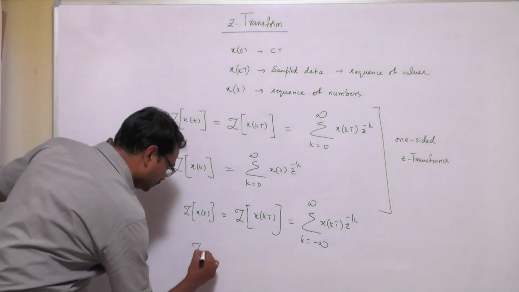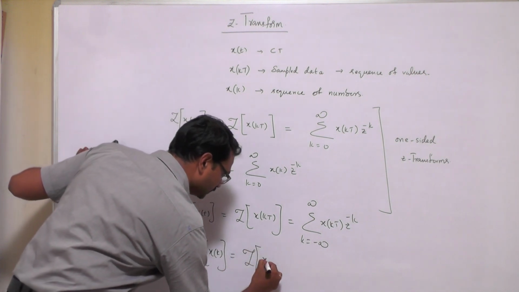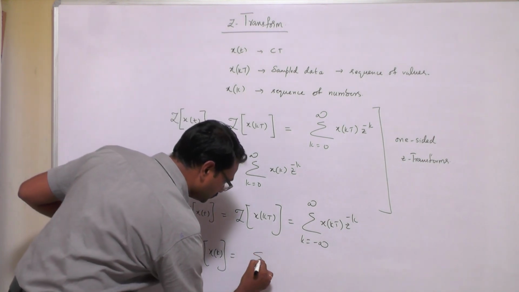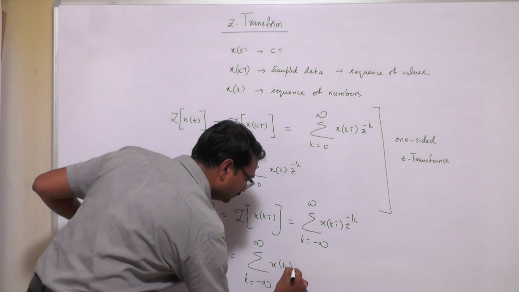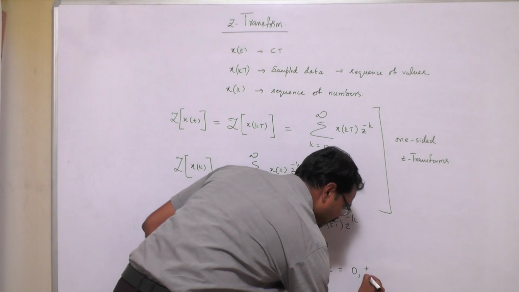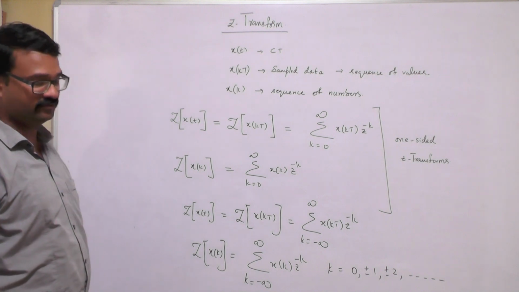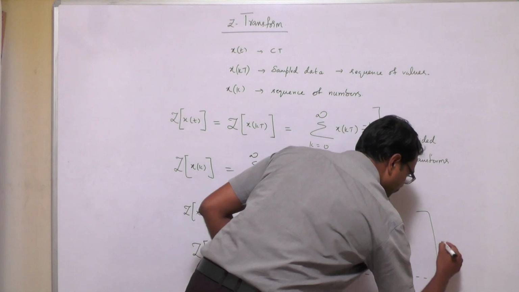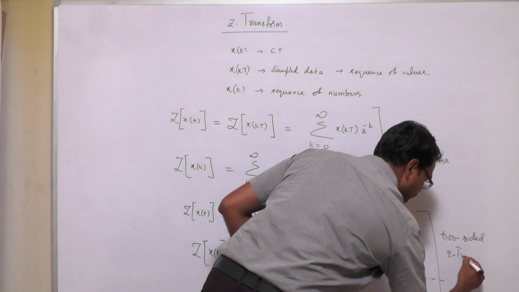Or similarly, the Z transform of x of k is sigma k from minus infinity to infinity x of k z power minus k, where k is 0, plus or minus 1, plus or minus 2, and so on up to plus or minus infinity. So these are two-sided Z transforms.